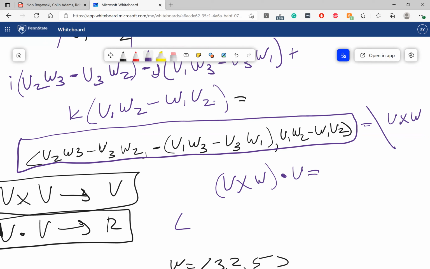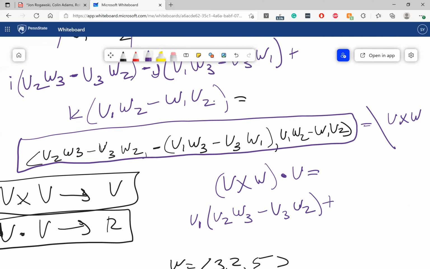in the first component, you get V1 times V2 W3 minus V3 W2. That's what you're going to get from the first one.